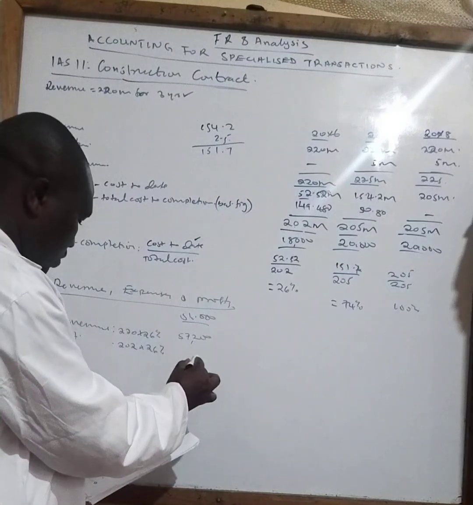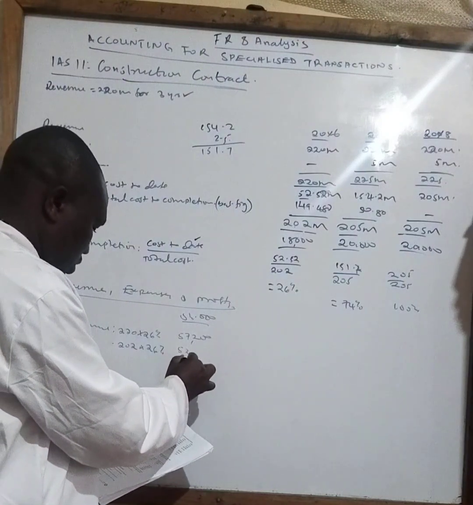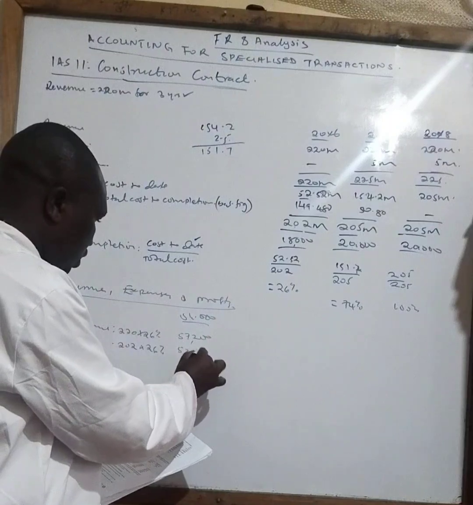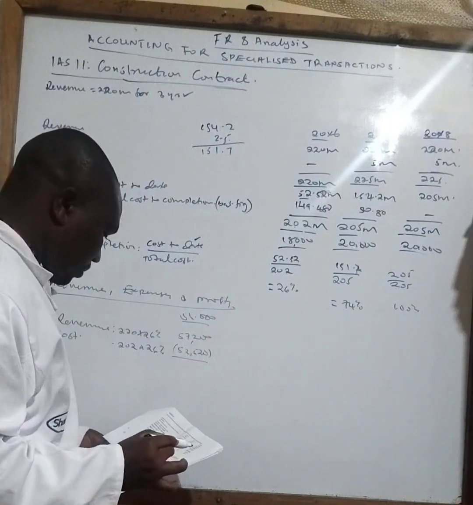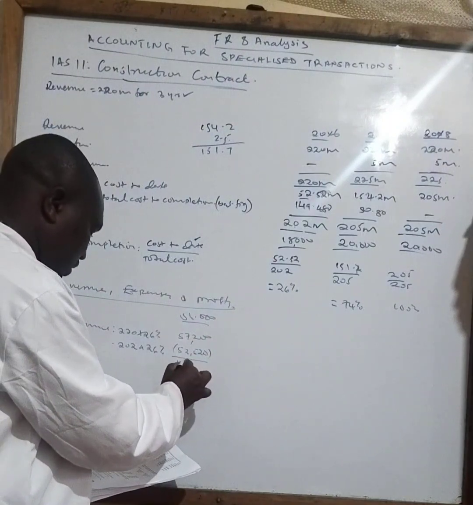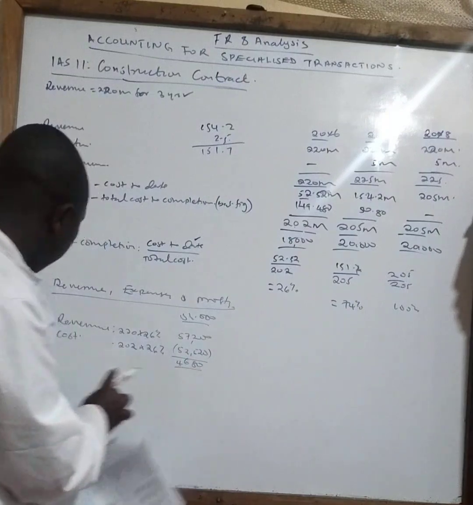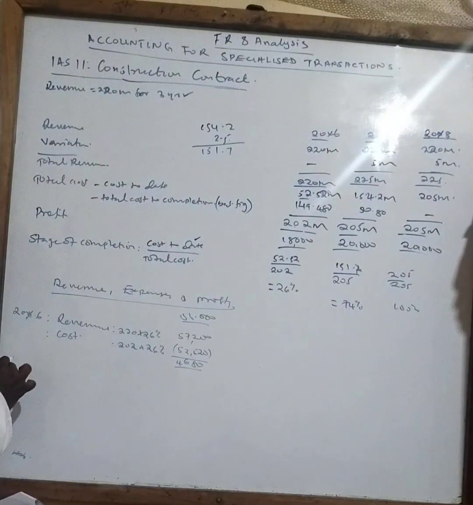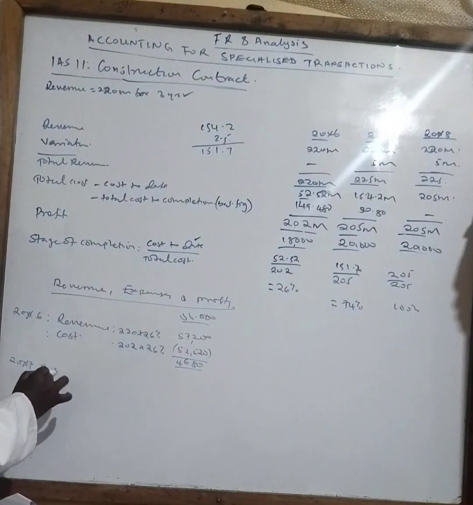If you multiply this one, you will get 52,520. So what is your net profit there? 4,680. In which year? 2006.